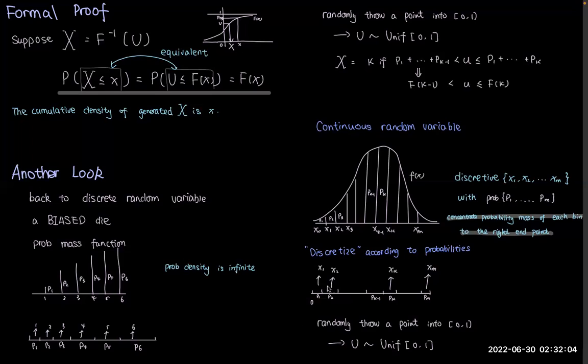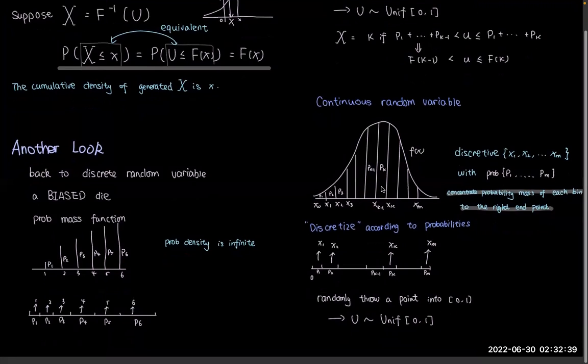So we still divide this unit interval from 0 to 1 into m small intervals, and the length of each interval is the area of the corresponding bin. This way, we can randomly throw a point into this unit interval, and if it falls into the kth interval, we then return xk.